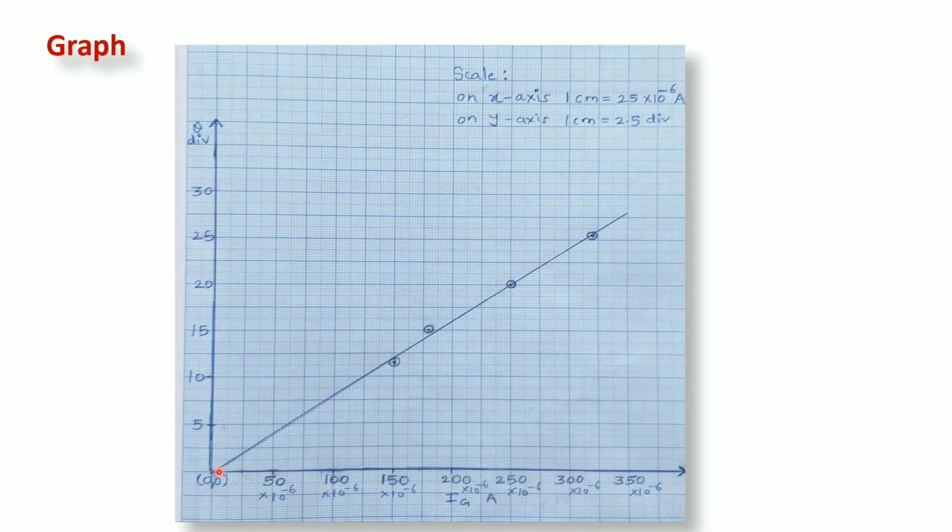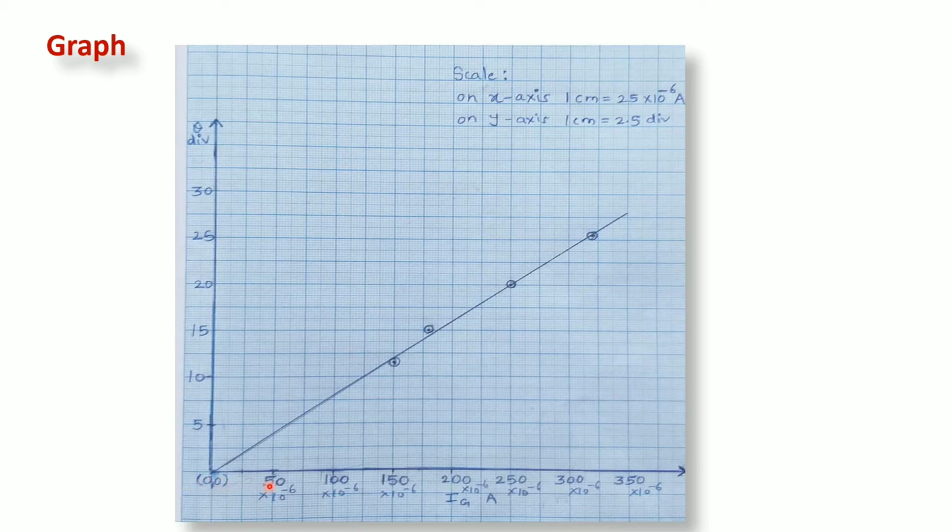Generally we plot the independent variable along the x-axis and the dependent variable along the y-axis. As the deflection in the galvanometer depends upon the current passing through it, we'll plot current along the x-axis and the deflection, that is theta divisions, along the y-axis. Now we have to choose the scale for plotting. On the x-axis we'll choose 1 centimeter equivalent to 25 into 10 raised to minus 6 ampere, or 2 centimeter equal to 50 into 10 raised to minus 6 ampere, that is 50 microampere.